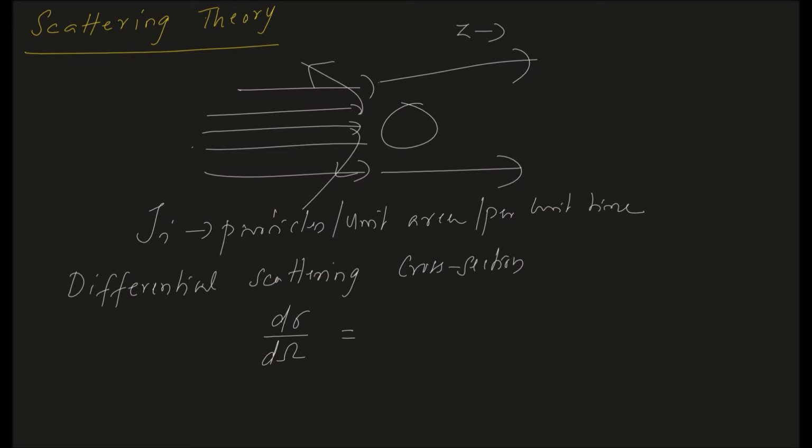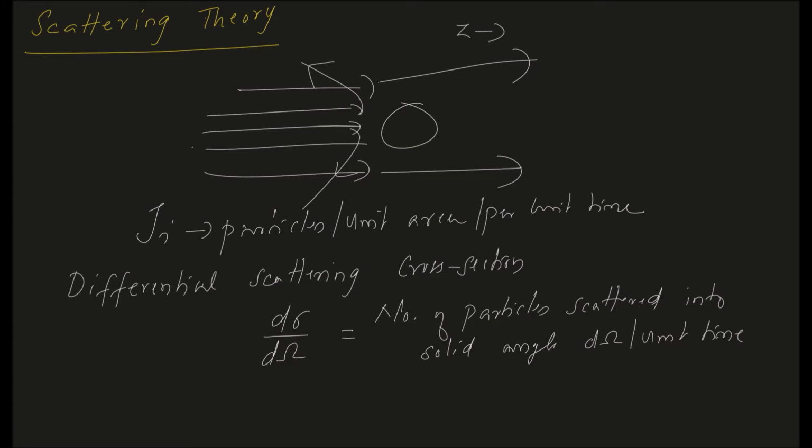This is defined as the ratio between the number of particles scattered into a solid angle d omega per unit time, in the numerator, to the number of incident particles crossing unit area in unit time.